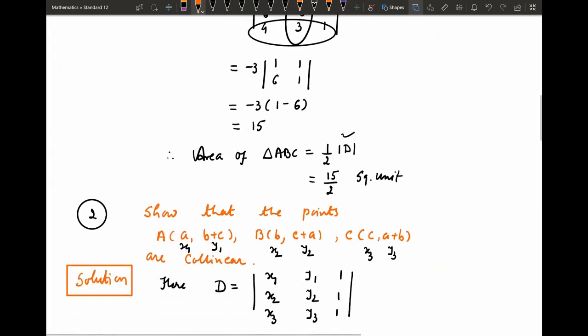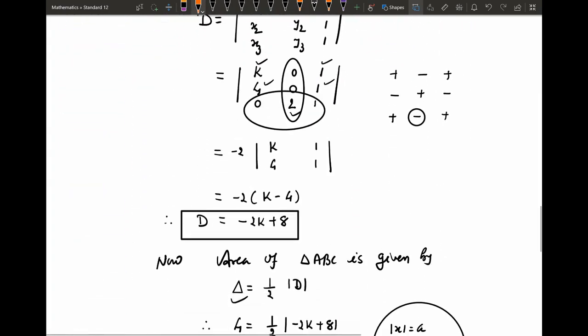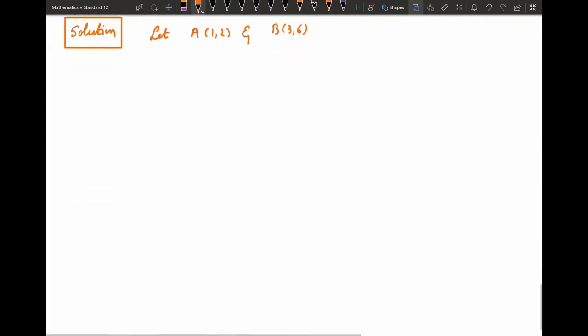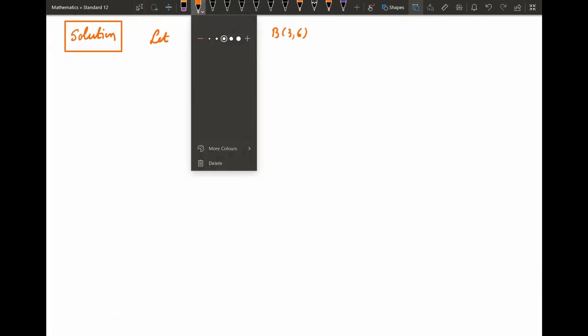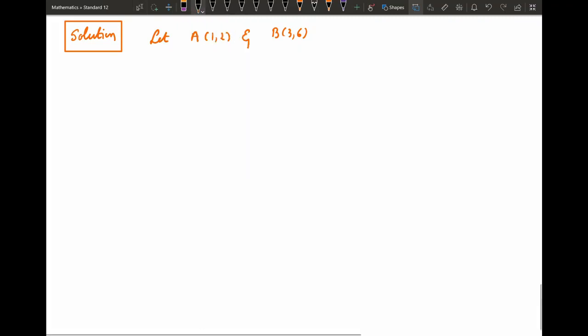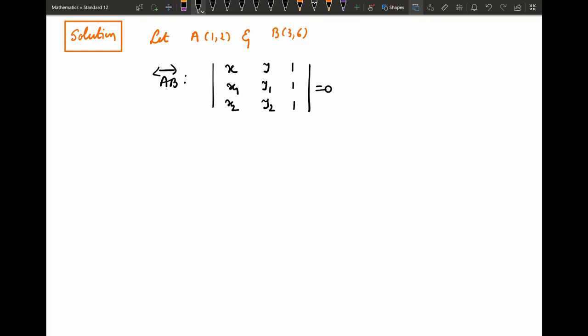So using this formula, let A1, 2 and B 3, 6. Now the Cartesian equation of line AB is determinant x y 1, x1 y1 1, x2 y2 1 equal to 0.